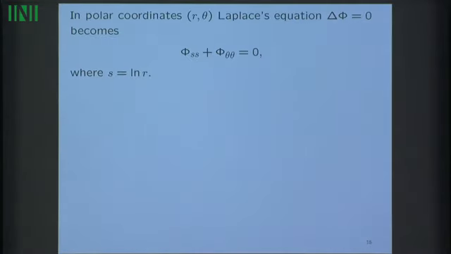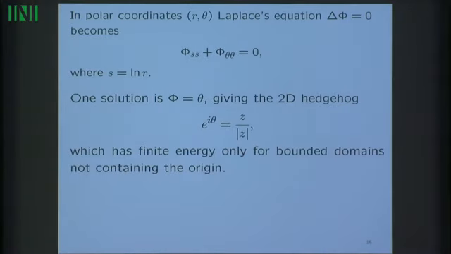But it is true in this 2D one constant case. Now, in polar coordinates r, theta, Laplace's equation can be written as Laplace's equation with respect to the logarithm of the radius and the angle theta. And one solution is phi is equal to theta, which gives the two-dimensional hedgehog e^(i theta) is z over mod z, which has finite energy only for bounded domains that don't contain the origin, because we're in 2D.